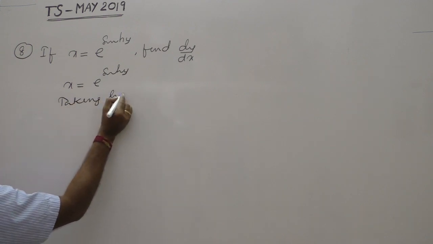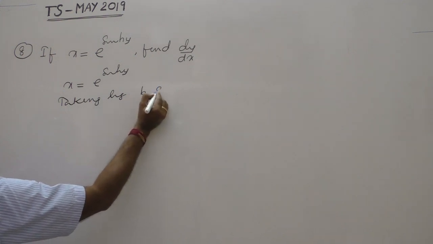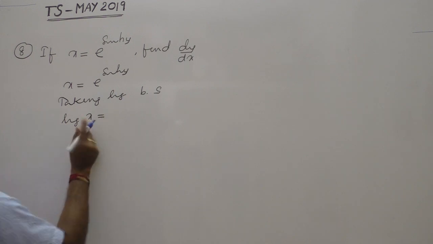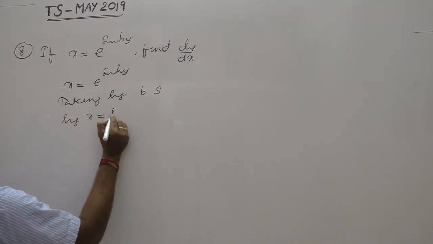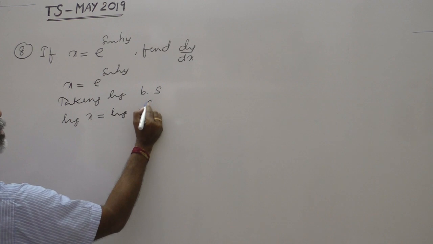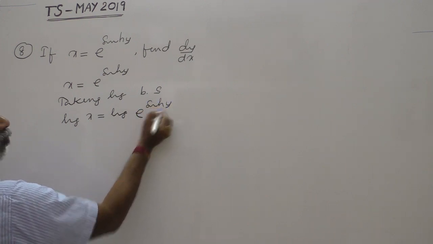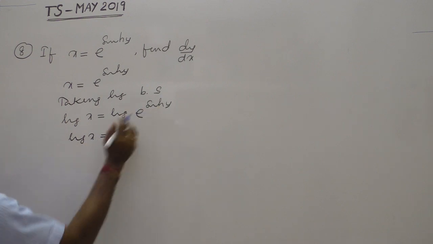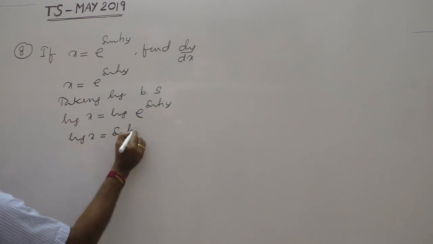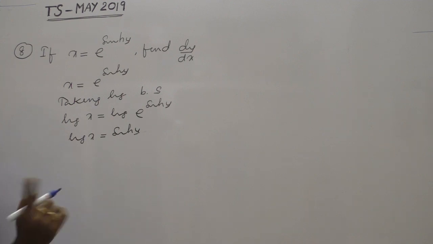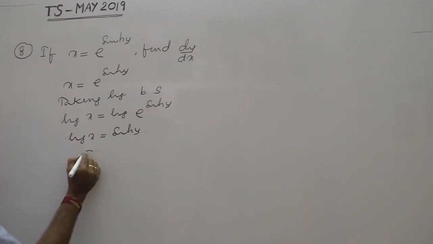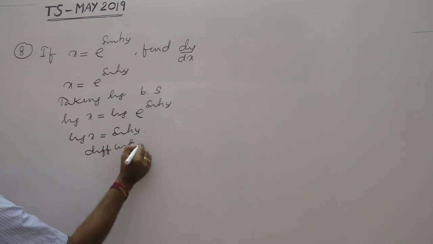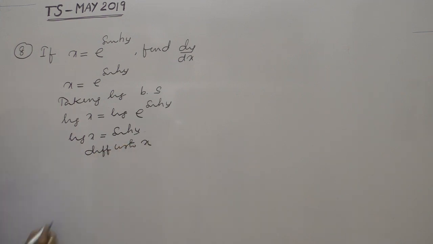So taking logarithm on both sides to the base e, we will have log x to the base e equal to log of e power sin hy. So this implies log x is equal to, this power becomes coefficient, log e will be there, log e to the base e is 1.